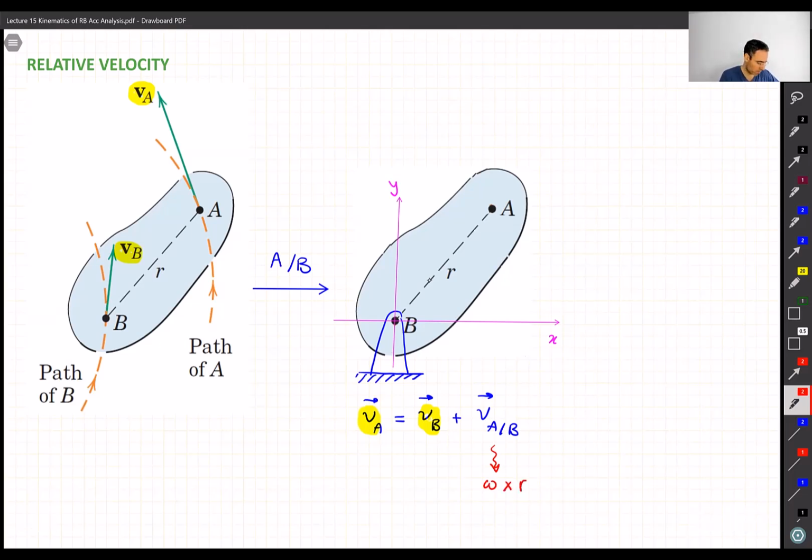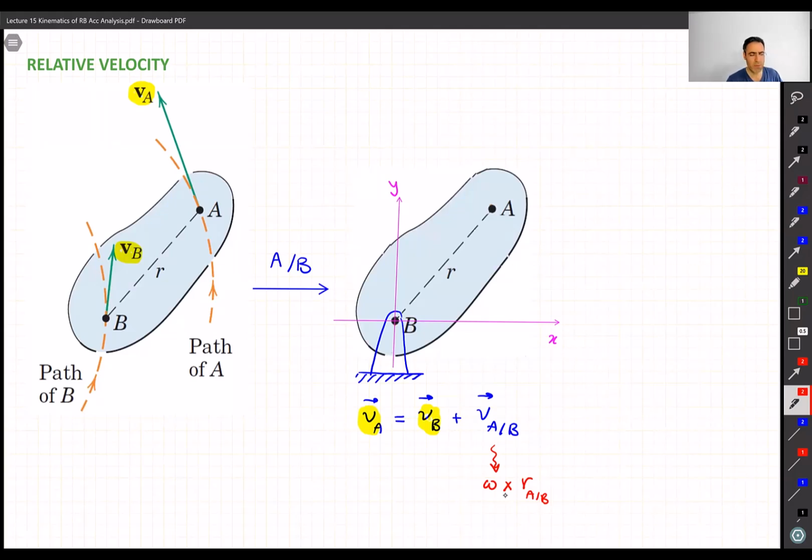The general formula that we use. And don't forget, always it is omega cross R, not R cross omega, because now we are talking about a cross product. And if we change the position of these two, we're going to get a different result. In order to avoid confusion, we agreed to show it as R A with respect to B, so everybody who is reading our solution can understand which R we are talking about.